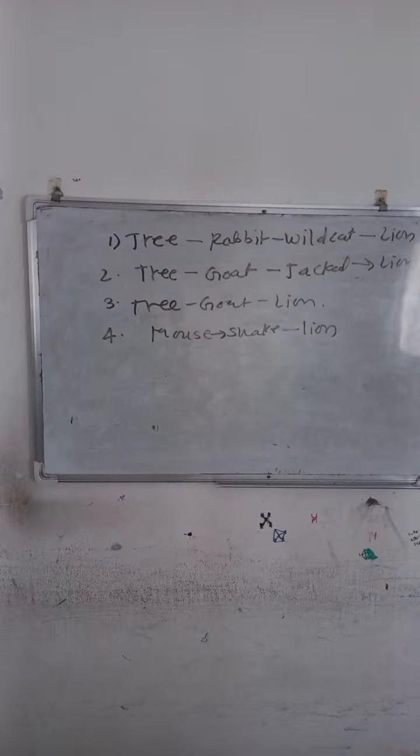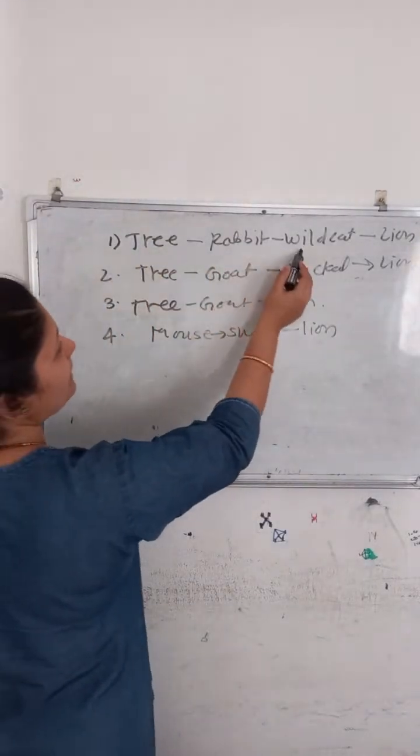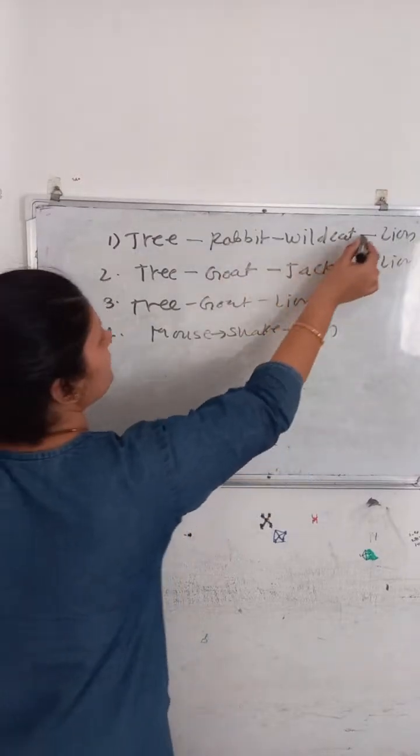Find out here. Who can give more energy to the lion? Which option is correct? If you check, tree, rabbit, wildcat and lion, so it is eating wildcat.